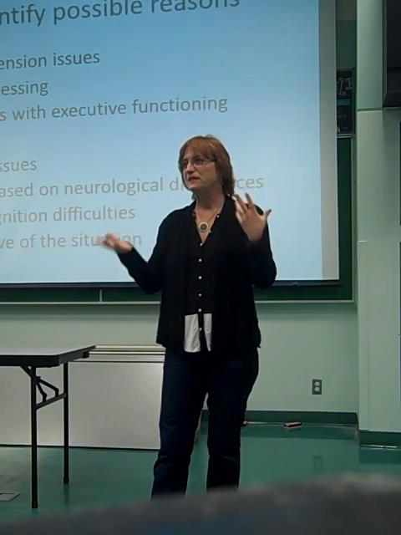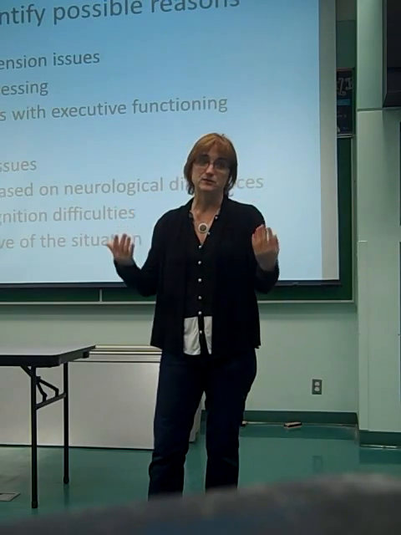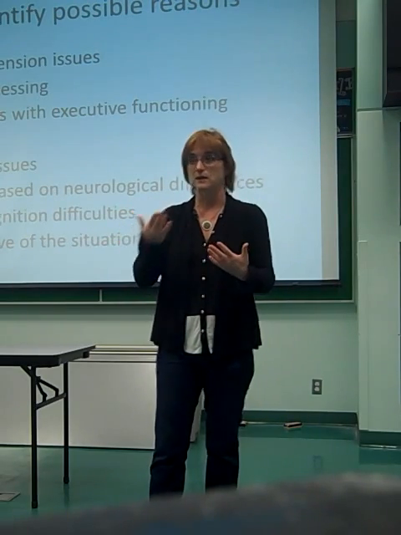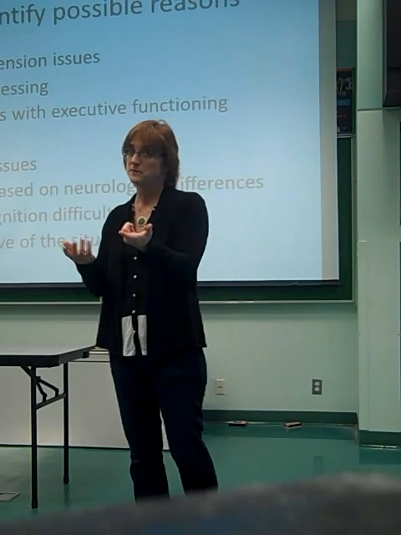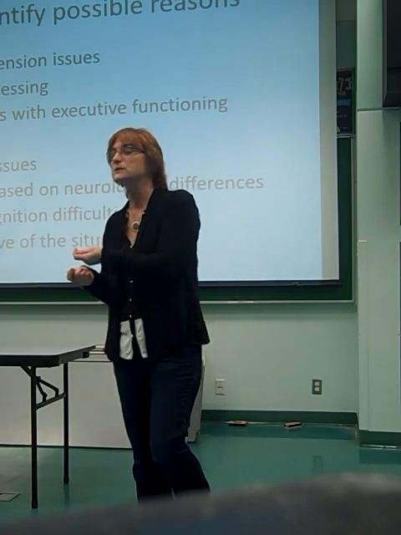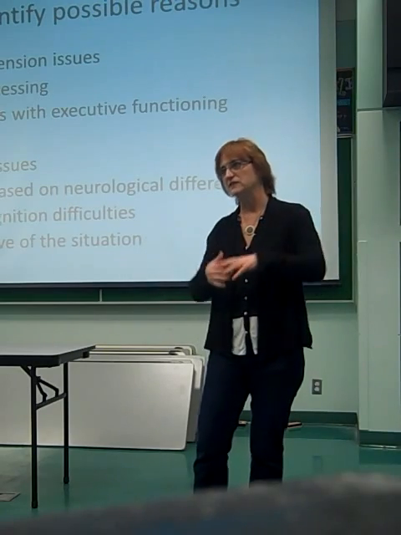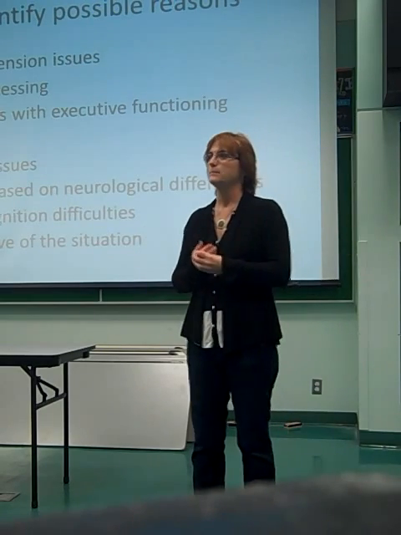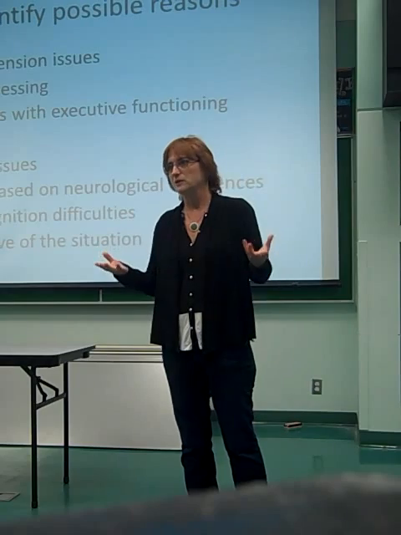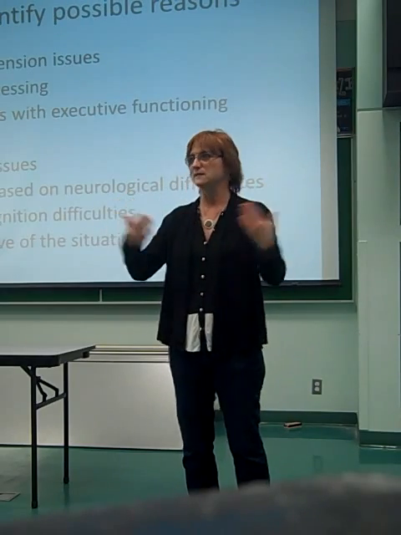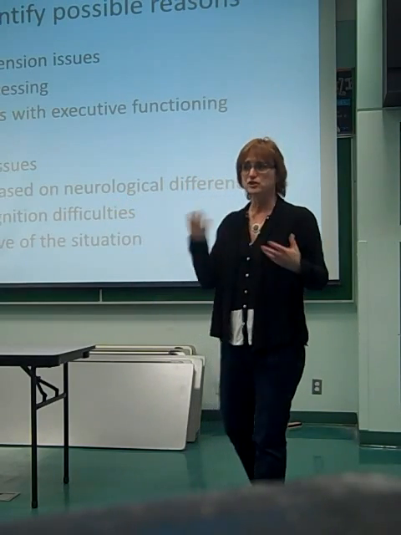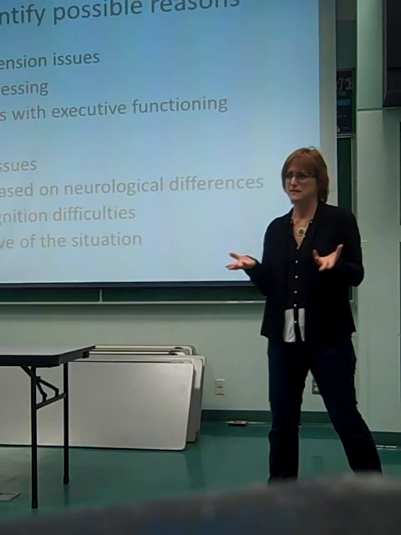But there's nothing wrong with just being really descriptive and saying, I think they have some social cognition difficulties because they don't seem to be able to take the point of view of another person, or they really struggle in social interactions, they don't initiate, their conversation is weird and awkward. I'm suspecting something neurological, so I'm going to treat them this way. This is where describing what you see is so important.